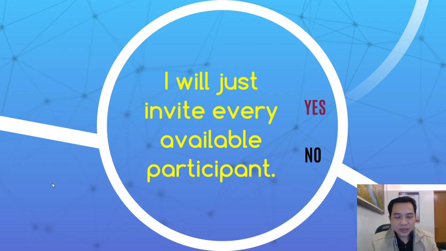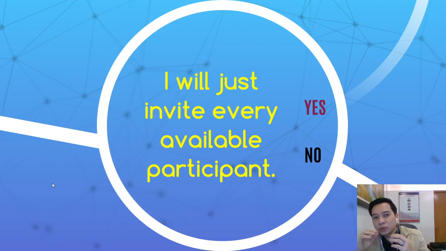So let's continue with this trend. If you're choosing a criteria, a condition, you have something in mind when you want to select your participants. Now, the next question you need to answer is, I will just invite every available participant.